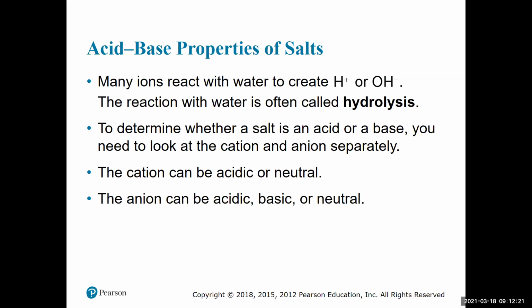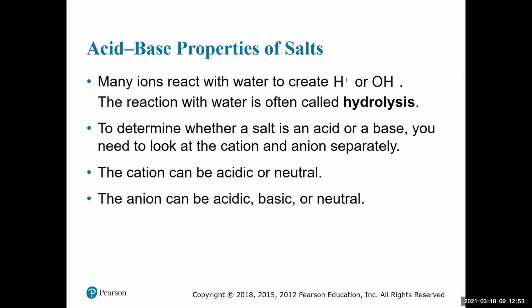So cations can be acidic or neutral. What I mean by that is the cation can interact with the water to result in some hydrogen ions being formed, or nothing can happen. The anion actually can be acidic, basic, or neutral. That means some anions can react and form protons, react with water and form hydroxide ions, or nothing can happen.